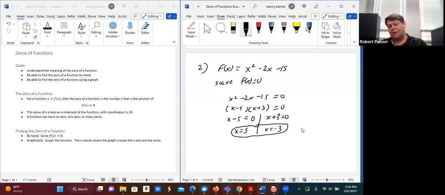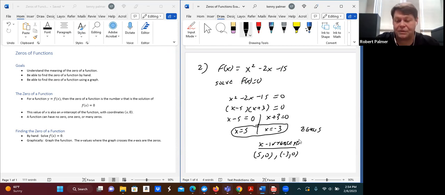Once again, these are our zeros, and these are also the x-intercepts of our function, which are 5, 0, and negative 3, 0.